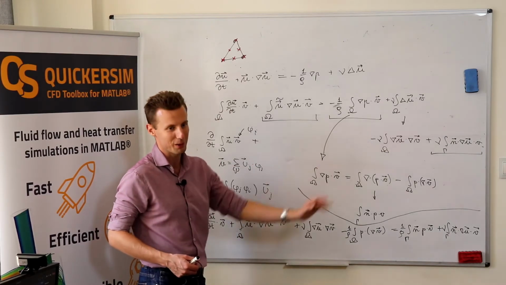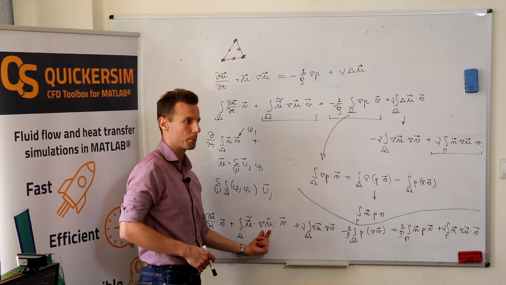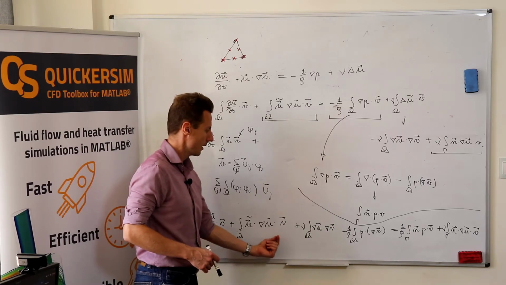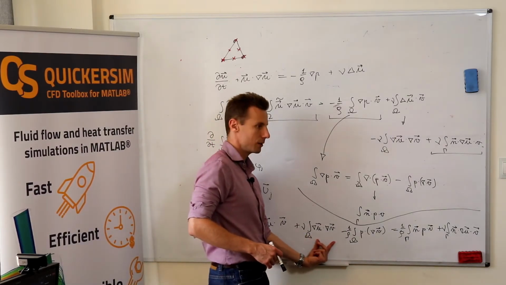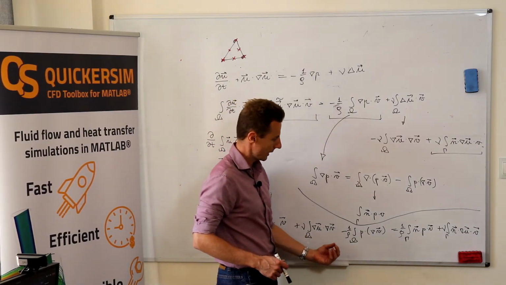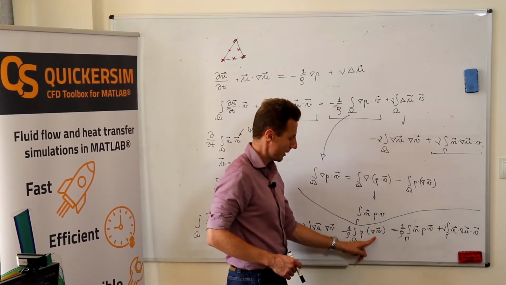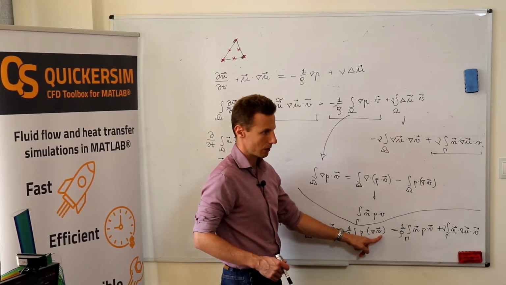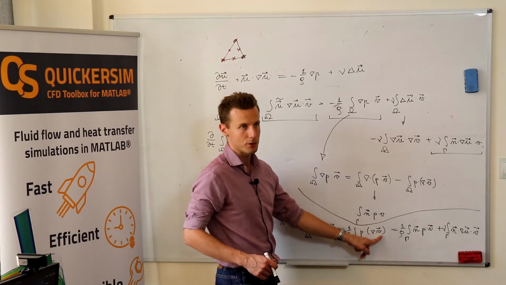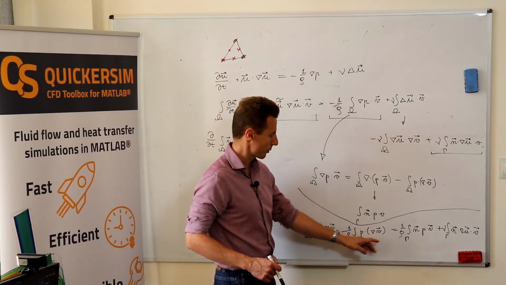It will be easier because we just have one gradient. We don't need to multiply it by a different gradient, but we need to apply the geometrical transformation here. We have already derived that. And here, the divergence of the second order test functions can be computed. So we can integrate that.